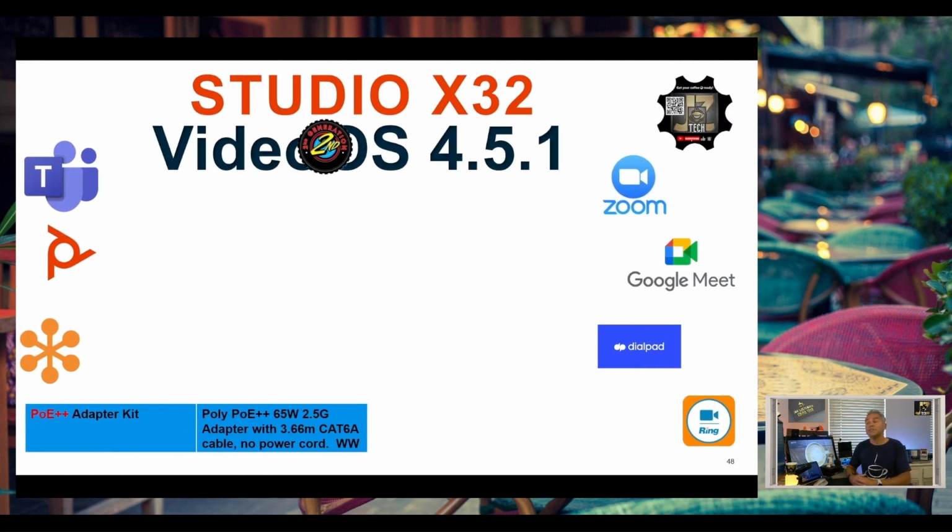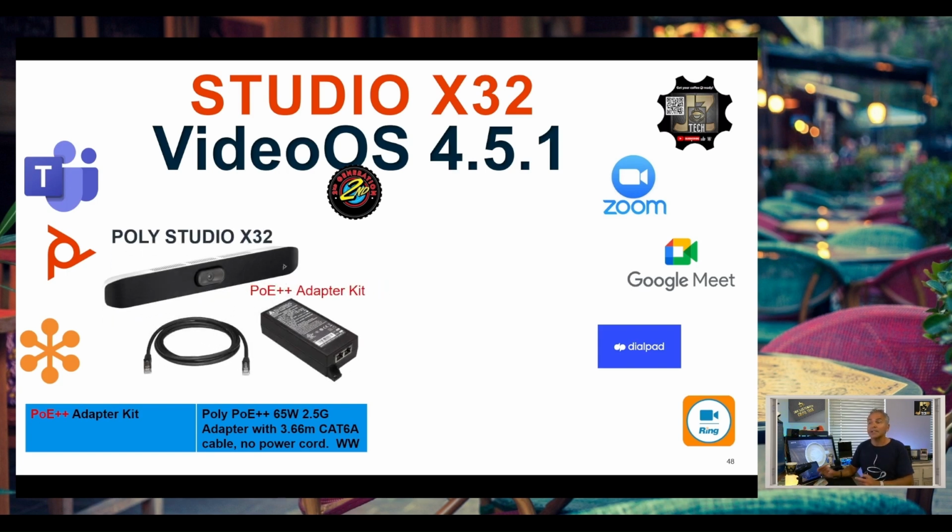Now, one item which I wanted to raise to your attention, because I see it sometimes confusing: the X32, which we had in the past as the X30, which had a power supply. The X32 doesn't come along with any power supply. This is all about the sustainability story, as few cables and as few power supplies as possible.